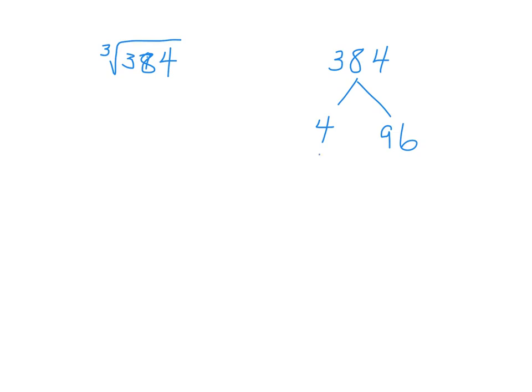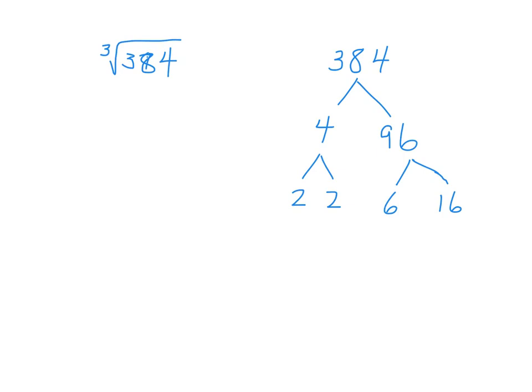So 4 is 2 times 2. 96, well, 9 plus 6 is 15, so I know I can divide by 3. I also know it's even, so I can divide by 2. So let's divide by the 2 and the 3 together, which is a 6. So 6 will go in there 16 times.